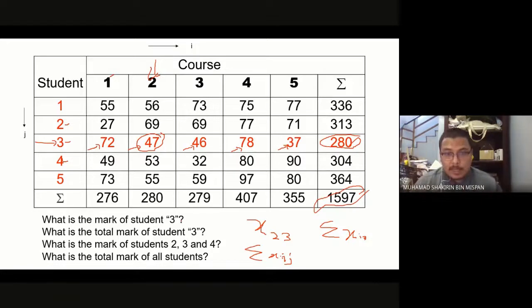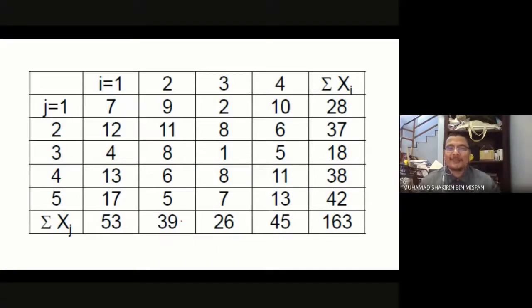I think this is quite straightforward for me, hopefully quite straightforward for you. Again, this is what we call i number 1, i number 2, i number 3, i number 4, and then the summation for j number 1.